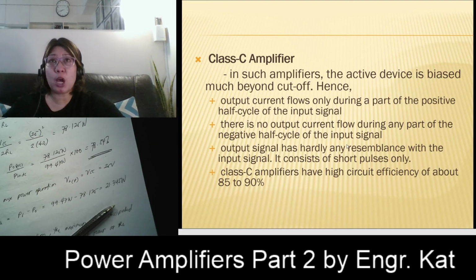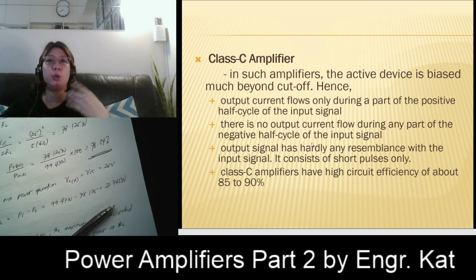Why? Because your output here only consists of short pulses. So remember, your input is a sinusoidal waveform, and your output consists of only short pulses. Therefore, it is very, very distorted.